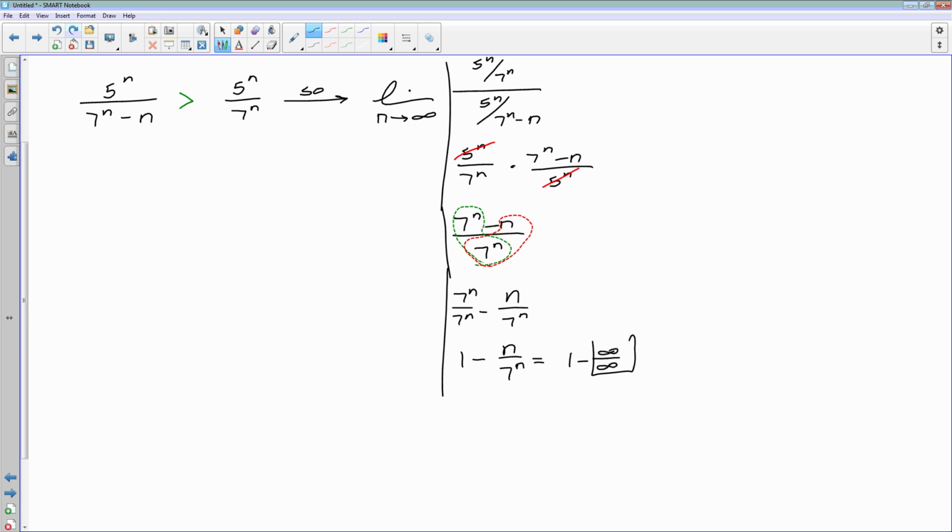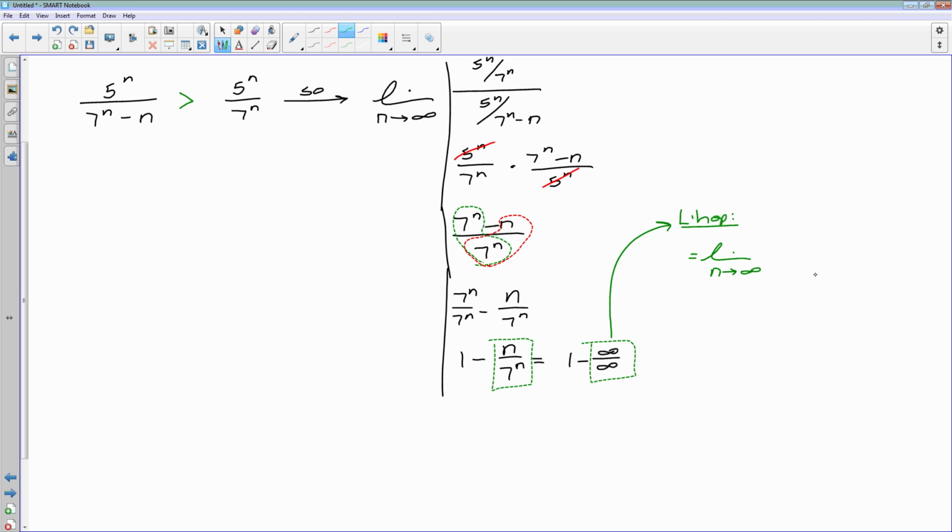Oh, I meant for that to be dotted. This is indeterminate. So I'm going to do L'Hopital's rule for just that part of the limit. So this would be equal to the limit as n approaches infinity, and I'm going to do the derivative of top and bottom of this part.